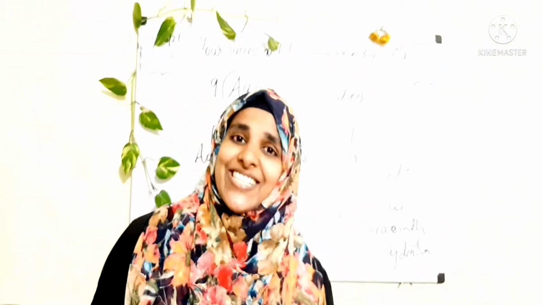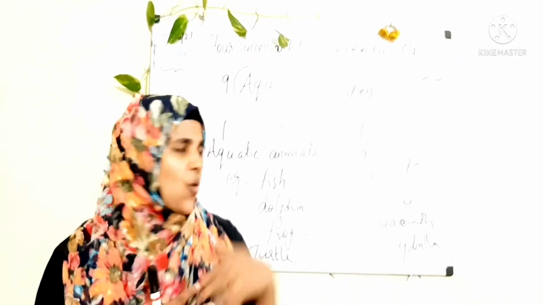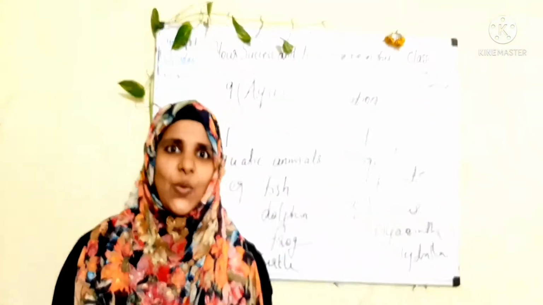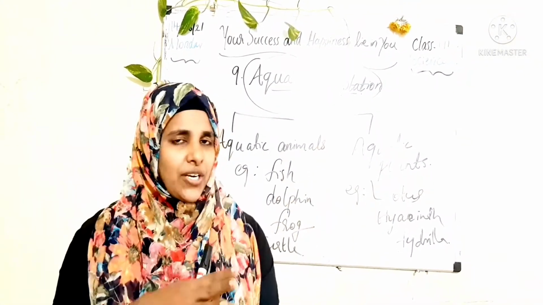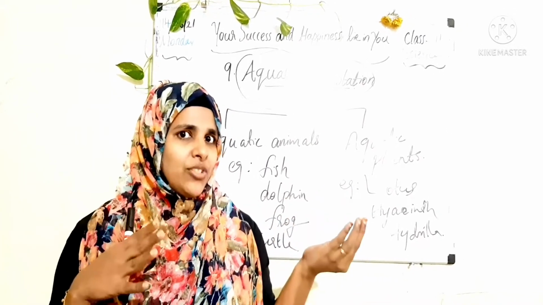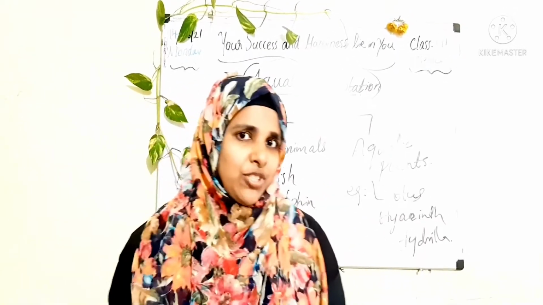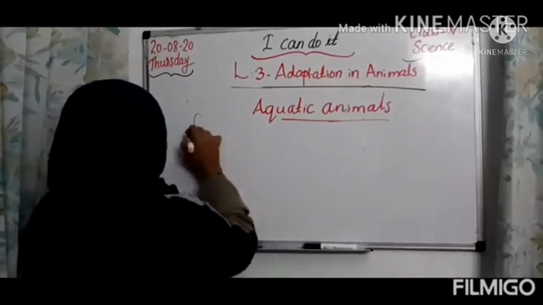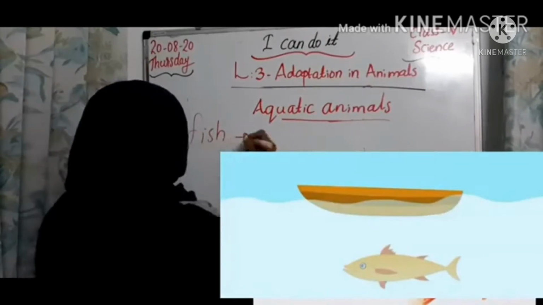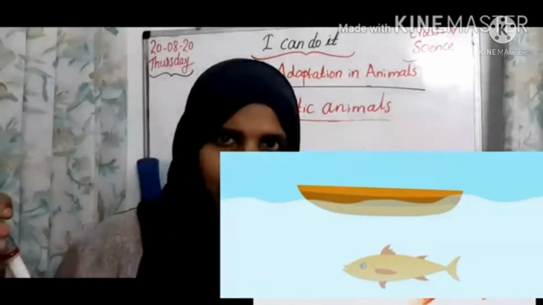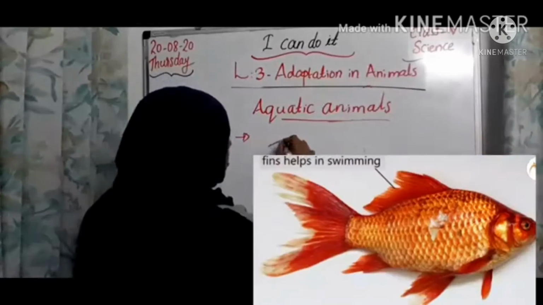Okay, students, let's check the different special characters of these animals and plants. One by one we can check. First we are going to check the aquatic animals' adaptation. So come with me. For living in water, animals need special adaptations to survive in their environment. First, when I talk about fish, we can check its body. Its body is like what, children?